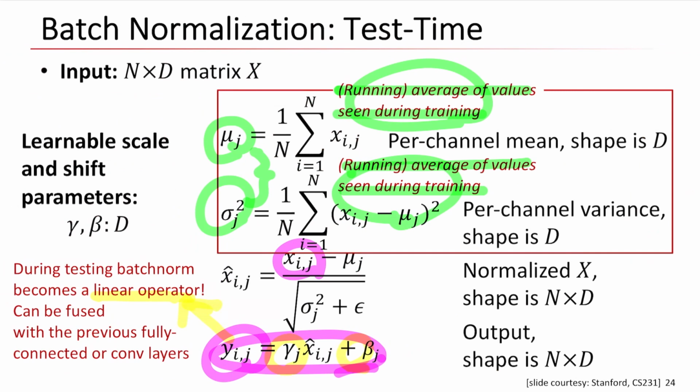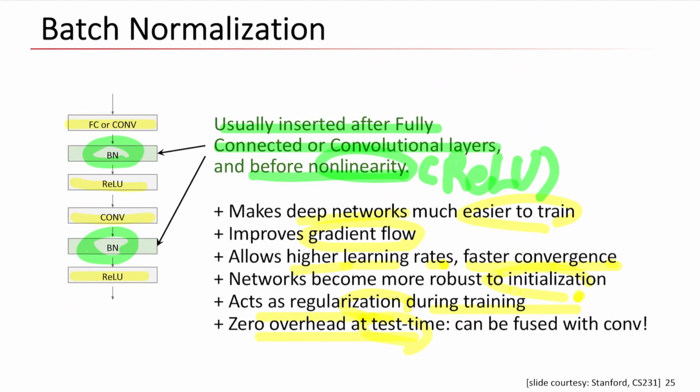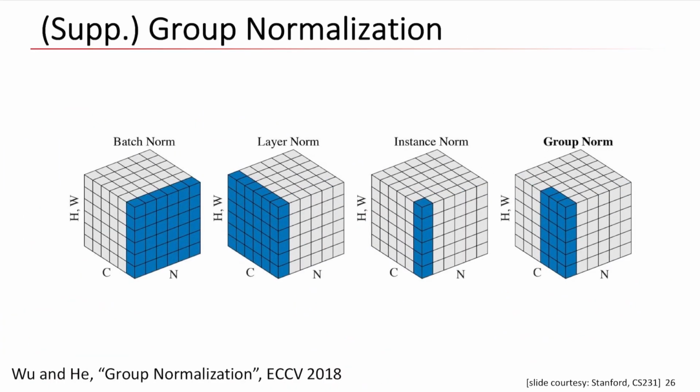Because you can just use this running average value seen during training, which can be fused with the convolution layer, something like this, right? So this is the general idea of batch normalization.